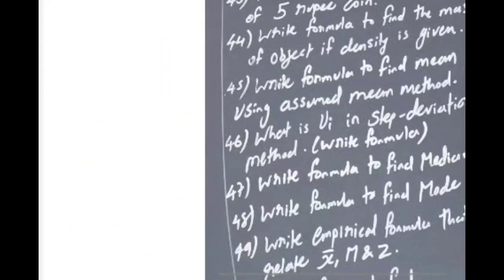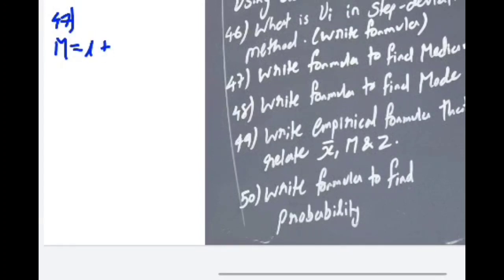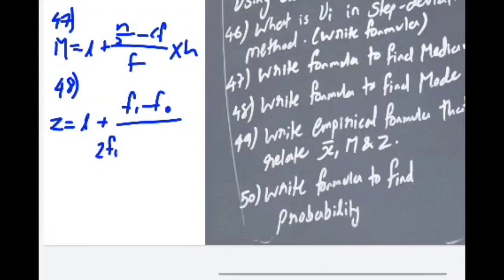Then 47th, write formula to find the median. So median will be equal to L plus (n by 2 minus CF) upon F into H. Then 48, write formula to find the mode. So Z is equal to L plus (F1 minus F0) upon (2F1 minus F0 minus F2) into H. So this is mode.